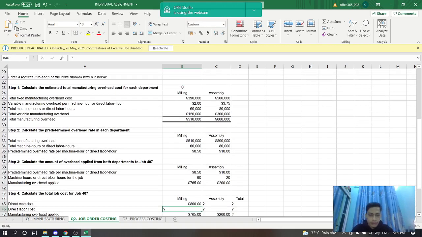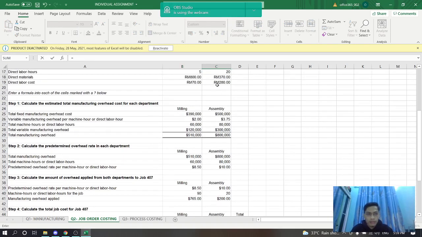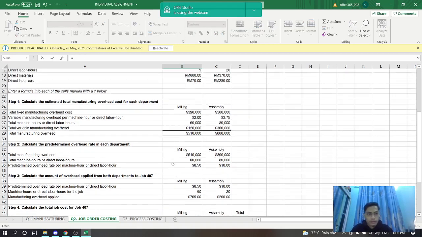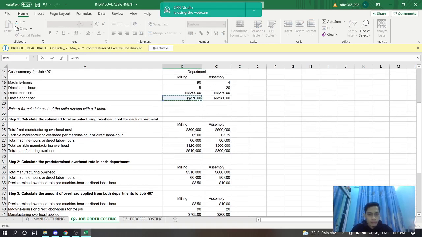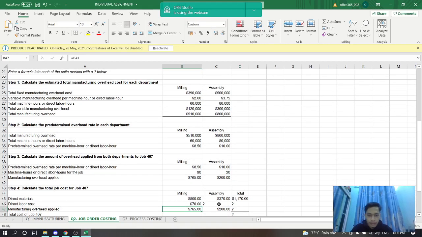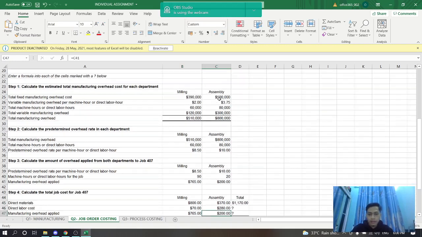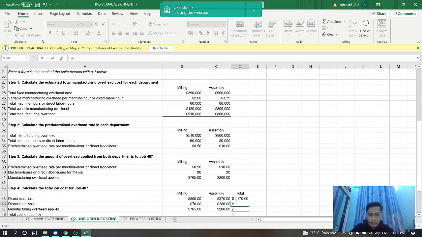Direct material is 800 ringgit and assembly is, then the total sum of the direct material, milling and assembly, and then direct labor cost 70 ringgit for milling and assembly 280 ringgit.